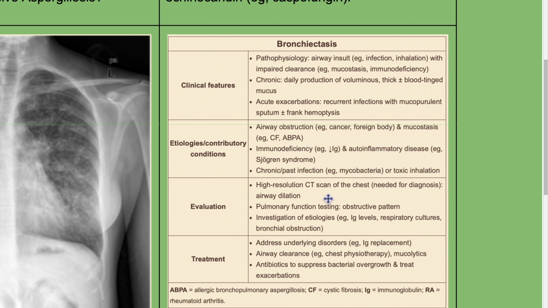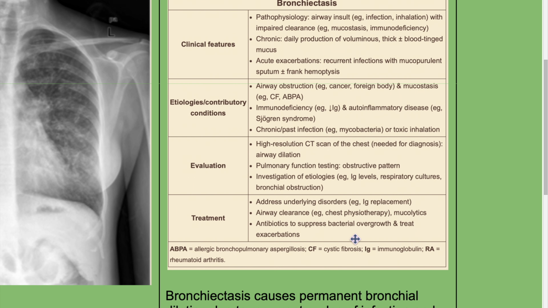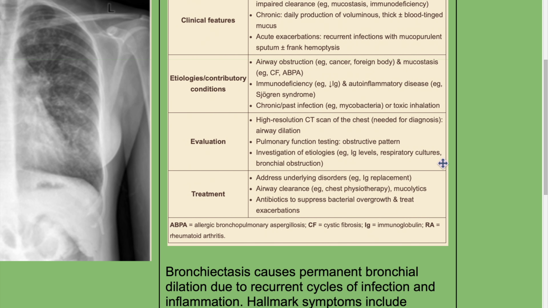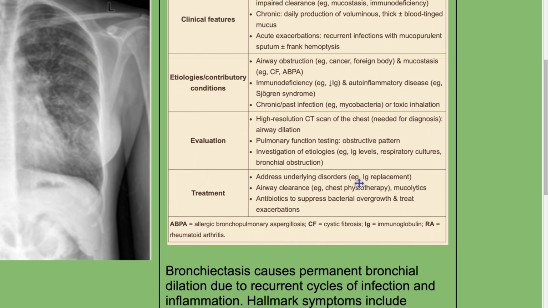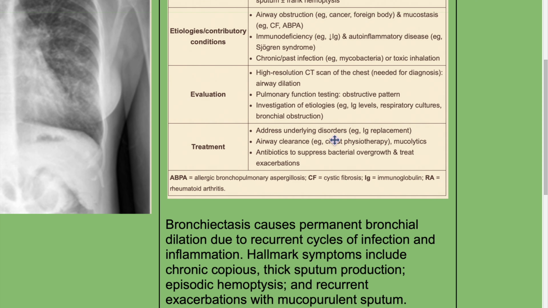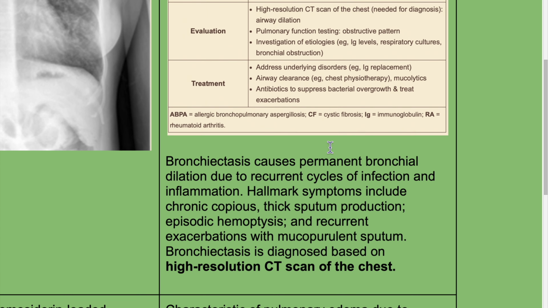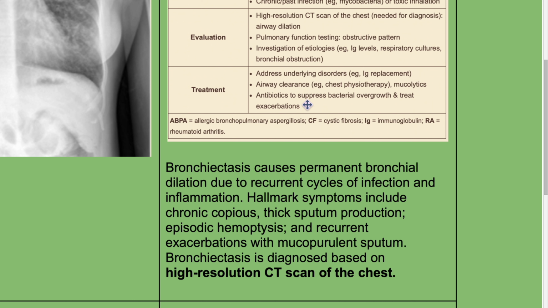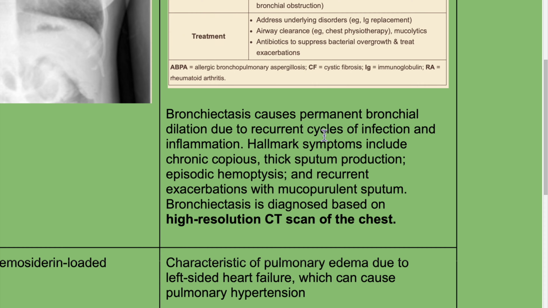Evaluation: HRCT scan of the chest needed, a pulmonary function test, and investigation of etiologies with Ig levels, respiratory cultures, and bronchial obstruction. PFT will show obstructive pattern. Treatment: address underlying disorder, Ig replacement, airway clearance, chest physiotherapy, mucolytics, antibiotics to suppress bacterial overgrowth and treat exacerbations.